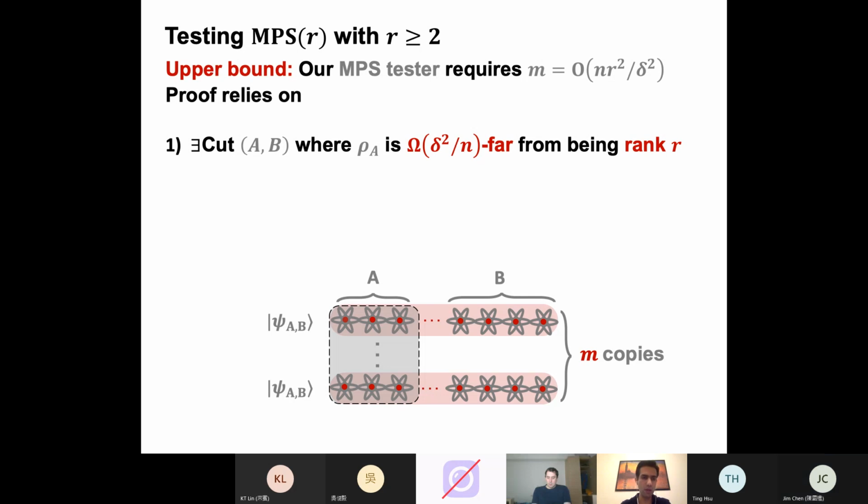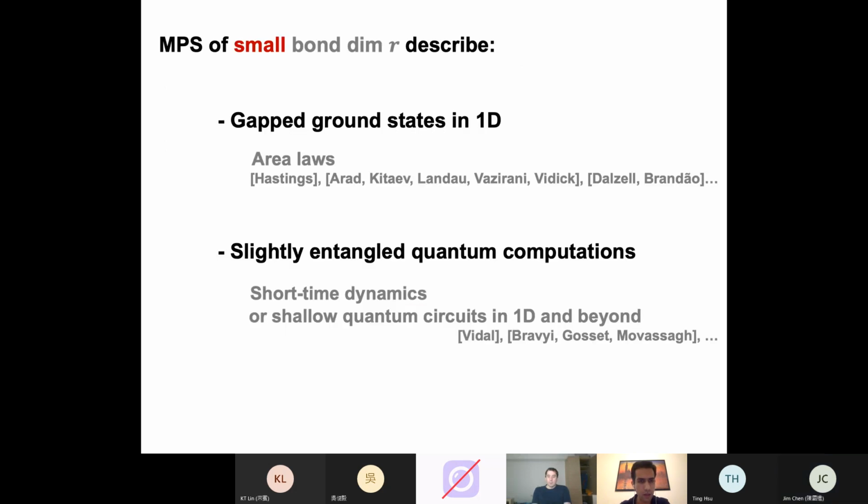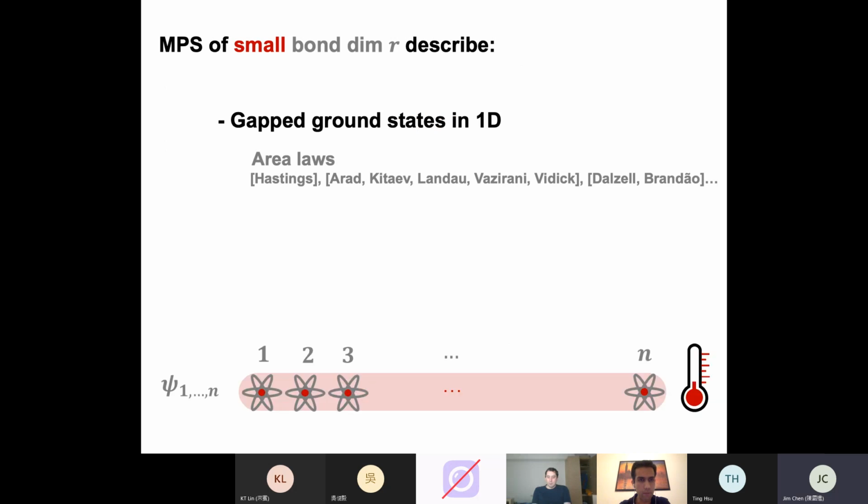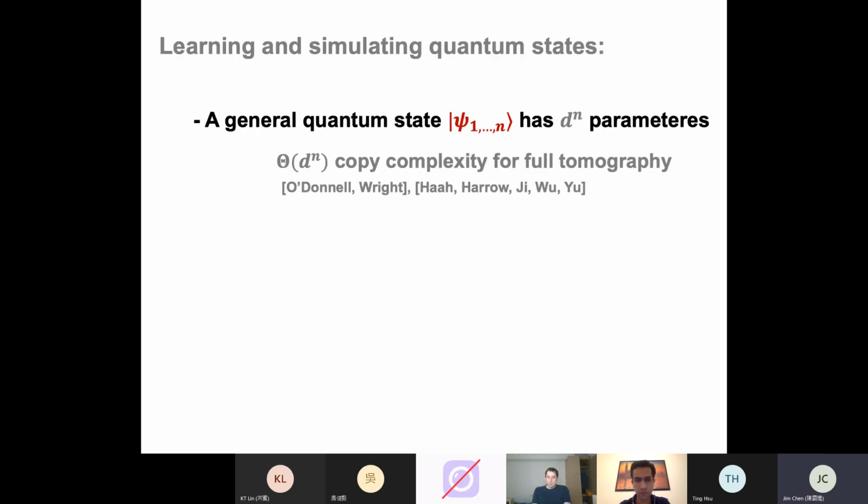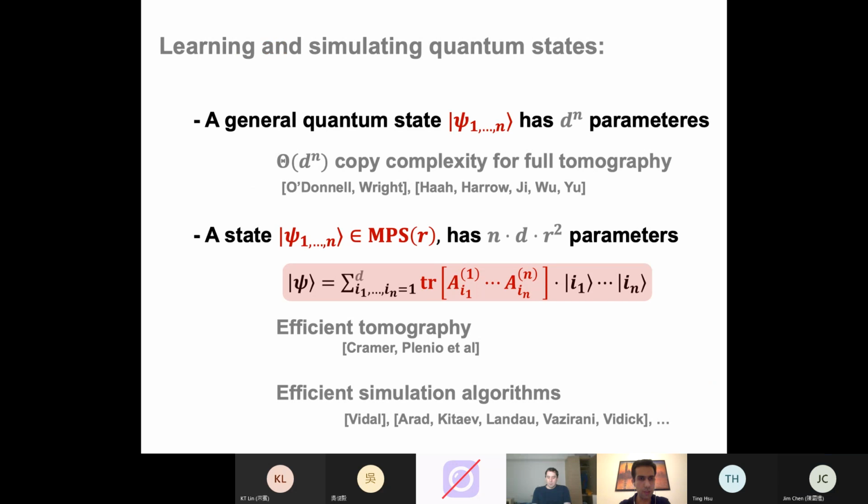It's due to, let's see, do I have the reference for that in the slide? I mean, I can find it later. Right, it's due to Kramer, Plenio et al. So if you have this efficient tomography, you can run it and then use that to see if your state was an MPS with bond dimension R or not.